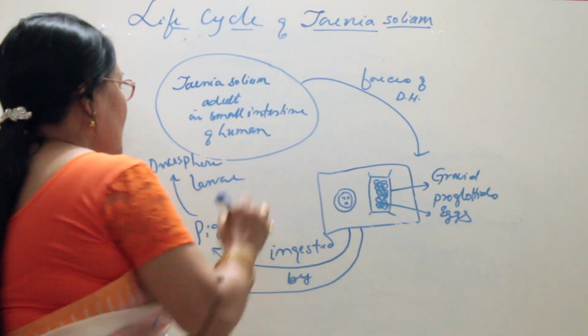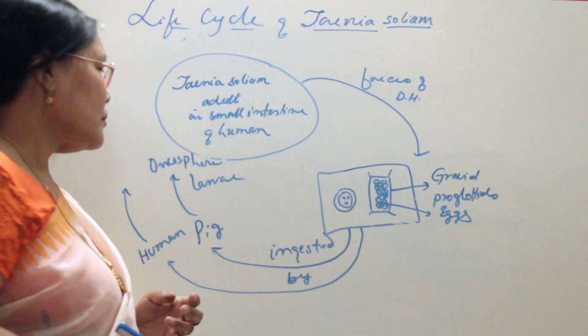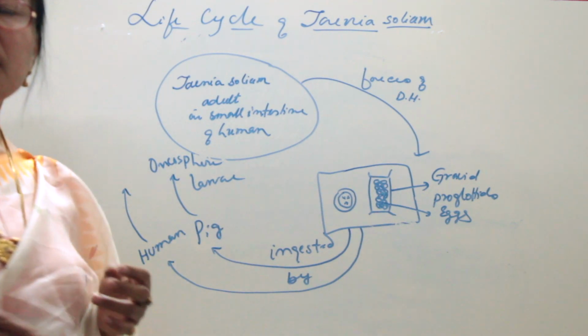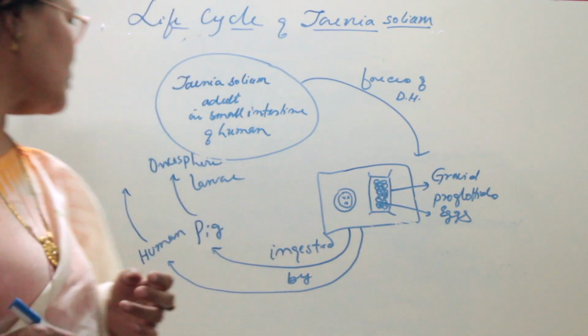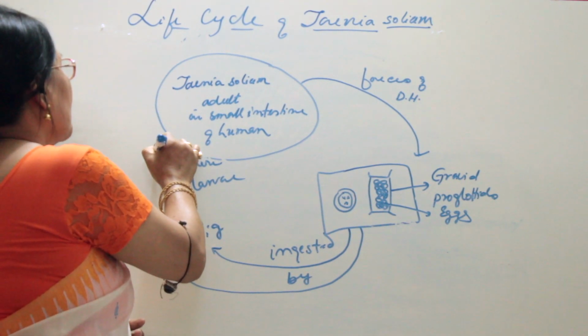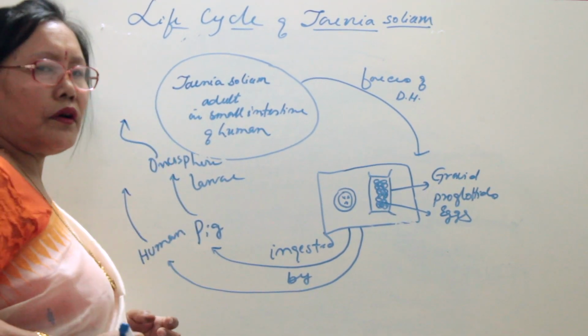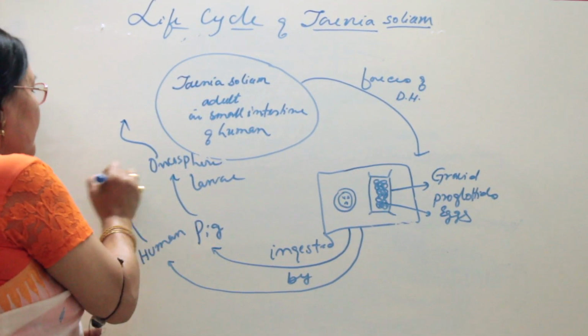The oncosphere larva is developed, and through the bloodstream it migrates to the muscles.